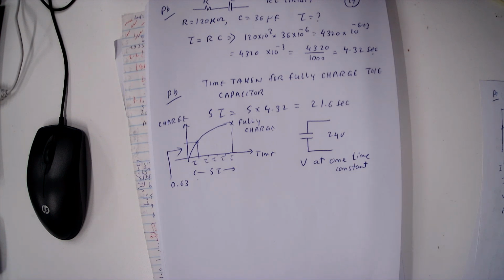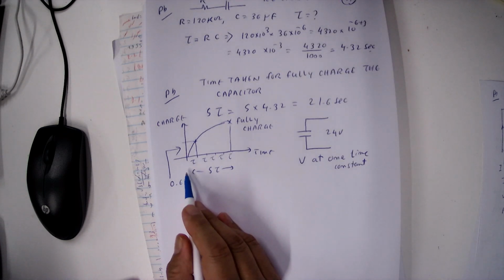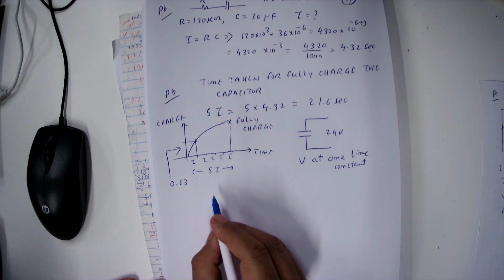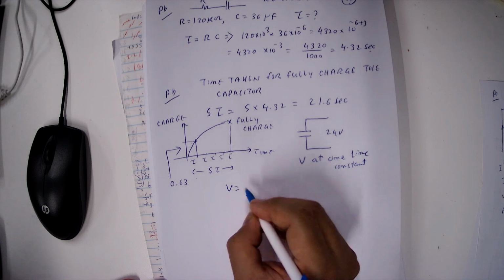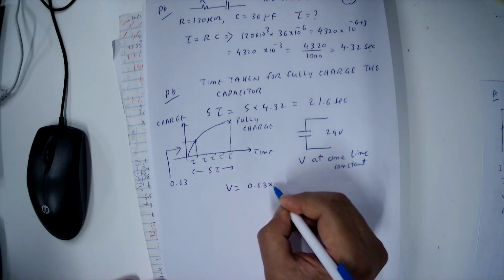To fully charge the capacitor, to get this 24 volt fully, it will take the 5 time constant. But if you charge the capacitor for a short time, the capacitor voltage is not 24 volt, not full voltage, only the 1 time constant voltage. At 1 time constant, only 63% is charged. Therefore, the voltage across the capacitor at the 1 time constant is 0.63 multiplied by the applied voltage.